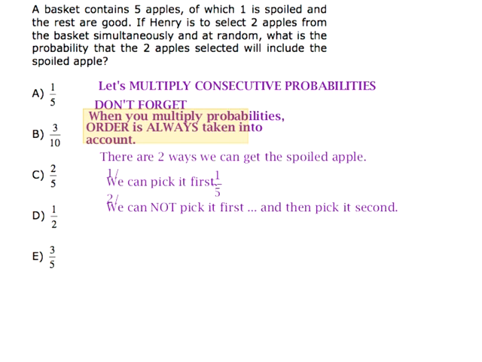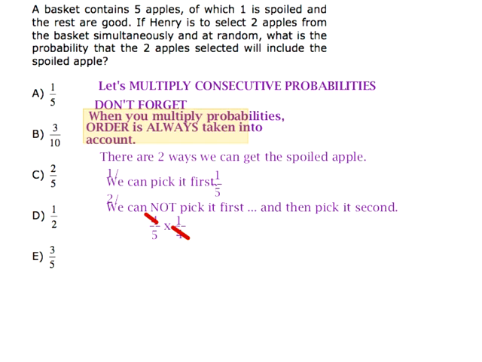The chance of not picking it first is going to be the 4 non-spoiled ones out of 5. But then out of the 4 that you have remaining for the second choice, one of them is spoiled. And it turns out that these are just going to cancel each other anyway.